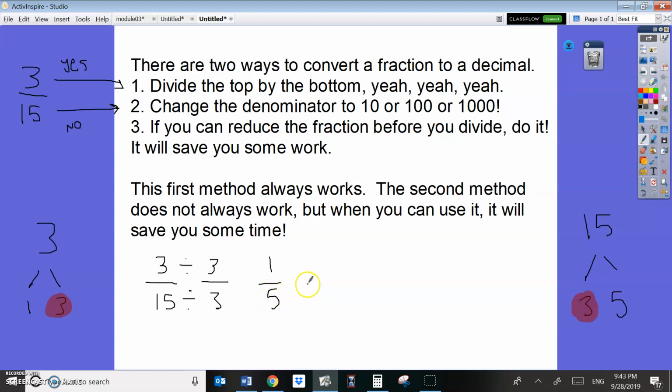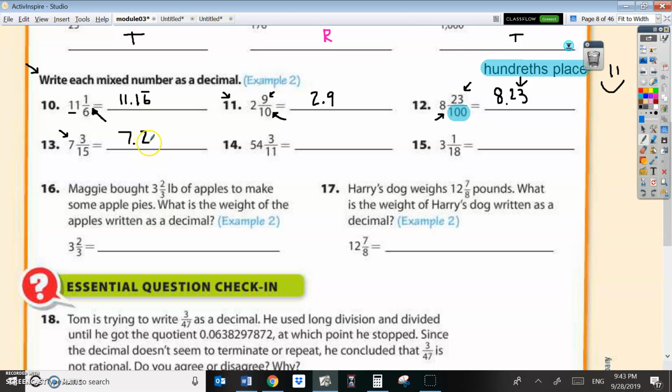And then look, this here can be changed to 10 or 100. Change it to 10. So multiply that by 2. And you get 2/10. So here, all we need to do is put 2/10 with it.